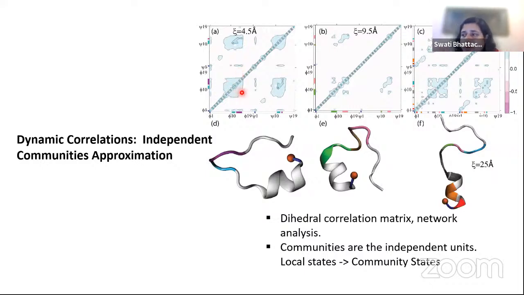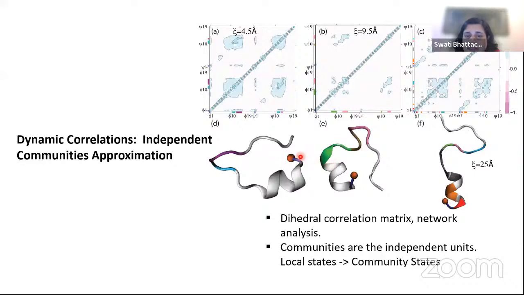So what do we get from this analysis? The most important thing is that we can get communities. Communities are groups of dihedrals that would be highly correlated. And the snapshots at the bottom show us those parts of the peptide that are correlated. Those are shown in colors over here.